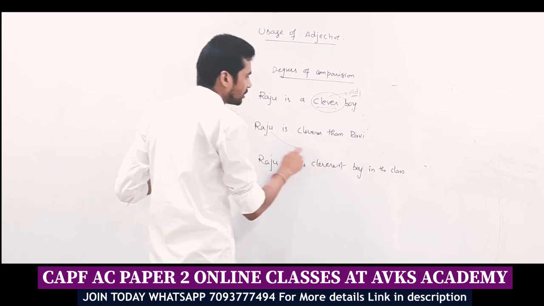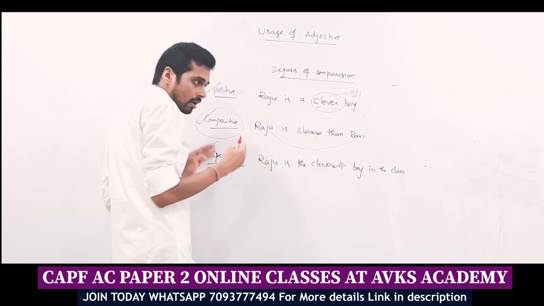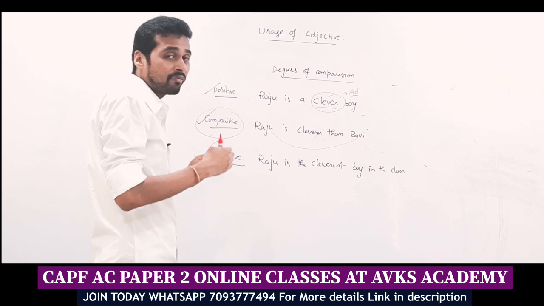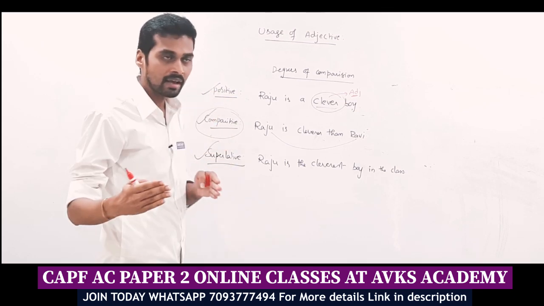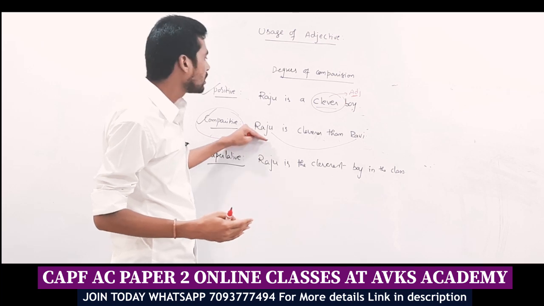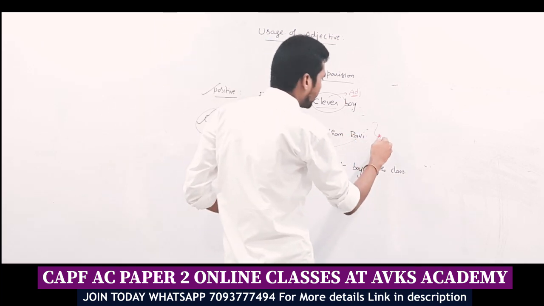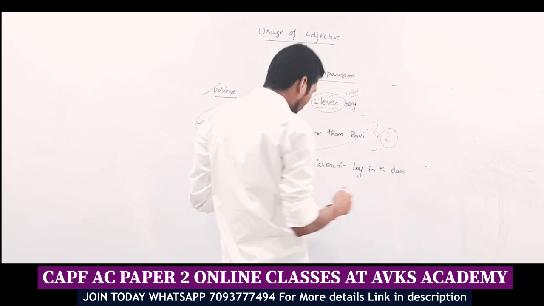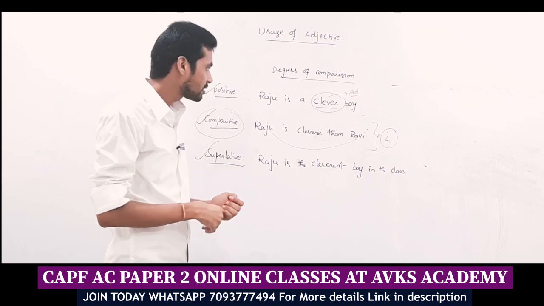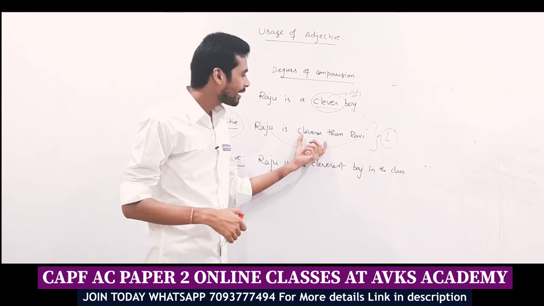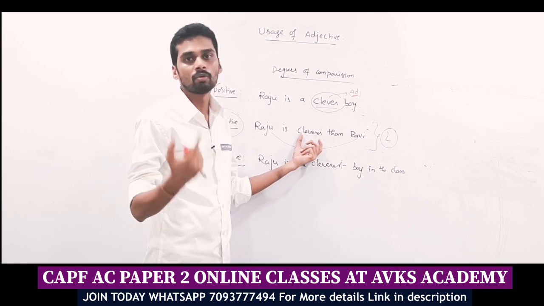I am still saying Raju is clever, but I am referring to another person. So how many people are involved? Two. In the comparative degree, we are describing a quality by comparing two persons, two places, or two things.